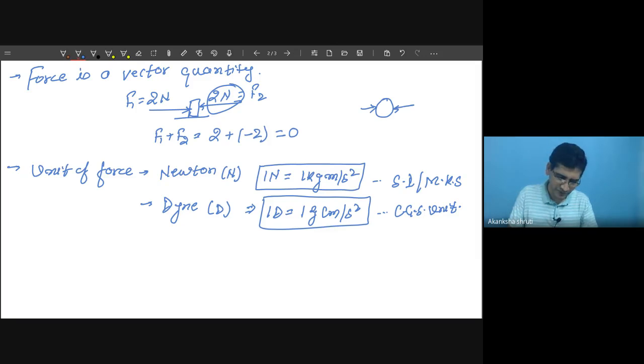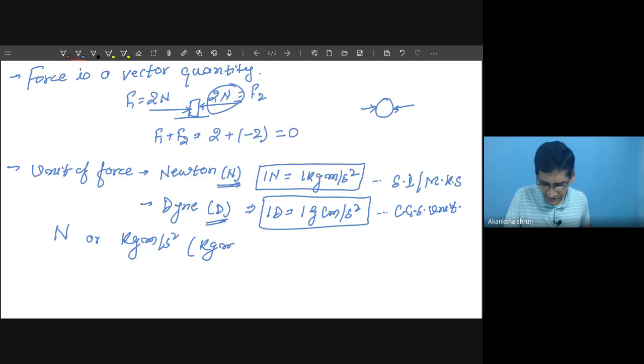Students, you have to keep this Newton and dyne in your mind for MCQs, because it will be asked what is the unit of force. So whether it is written as Newton or kg meter per second square, this may be written like this also, kg meter second minus 2, applying mathematics, both mean the same thing.